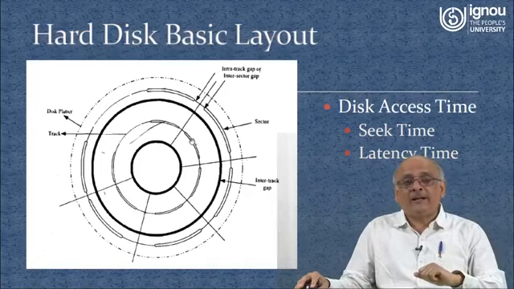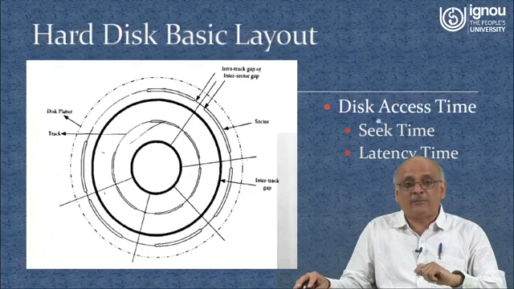My data may be on a different track. So on the disk, we have an access head which moves among these tracks. Suppose my reading head is here.